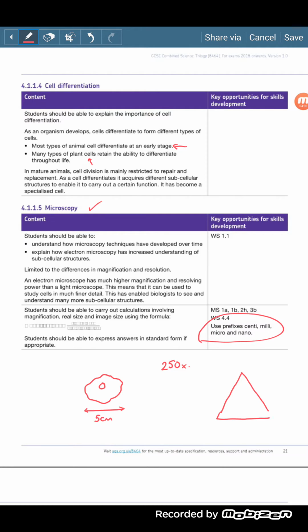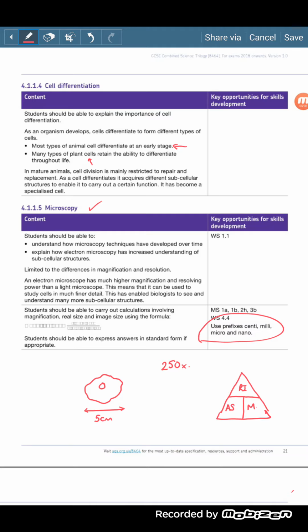The way we do this, I'm sorry, but the equation here has not come out on the page. What we would do is take the image size that we've measured, and we've got the actual size here, and we've got the magnification.